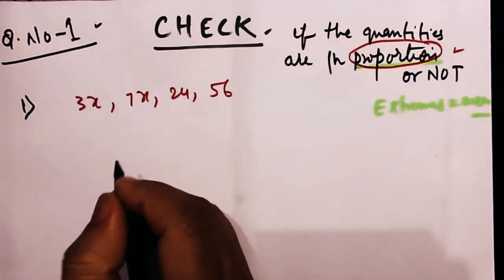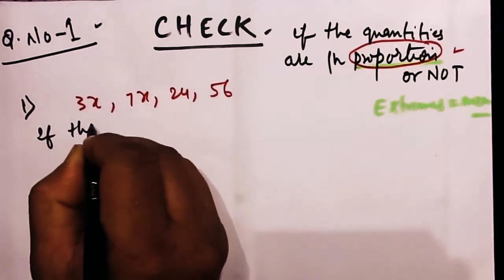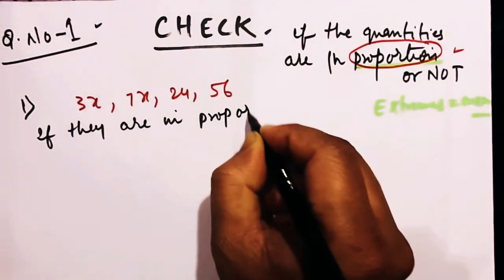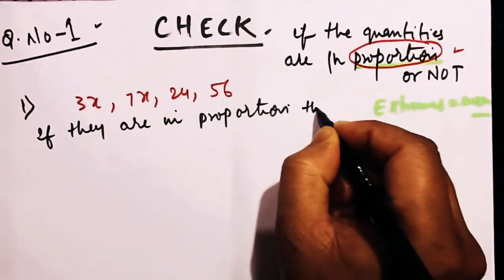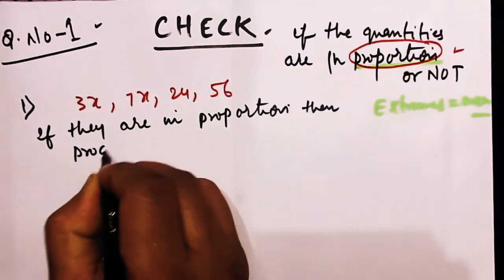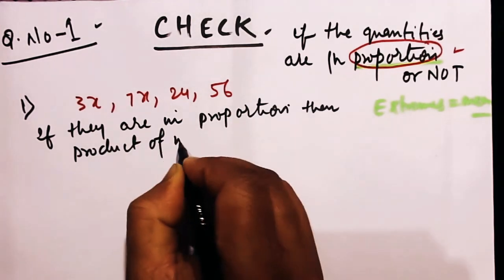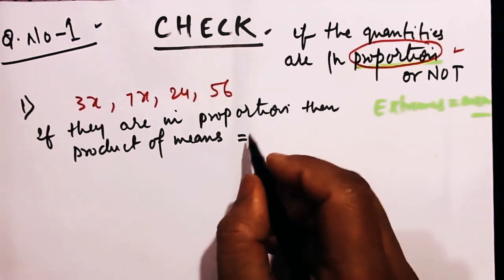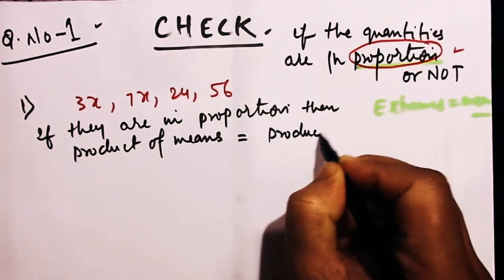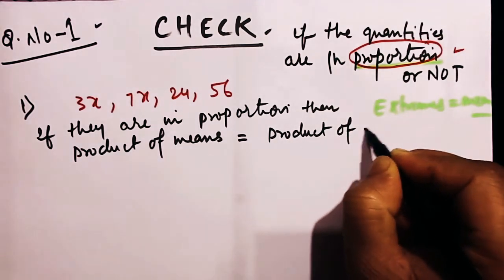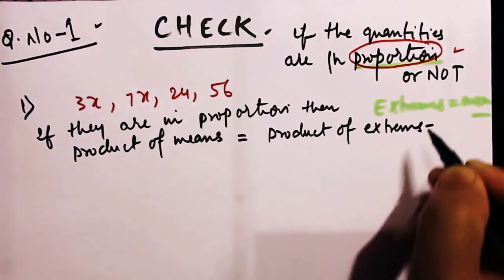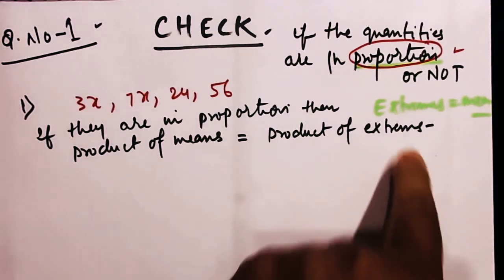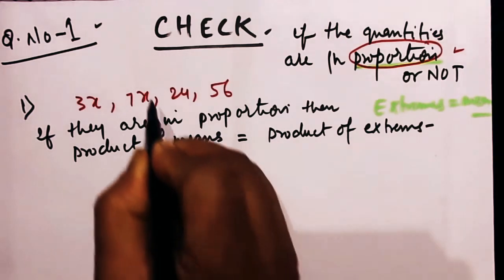So if they are in proportion, then product of means should be equal to product of extremes. You can write any one of them.